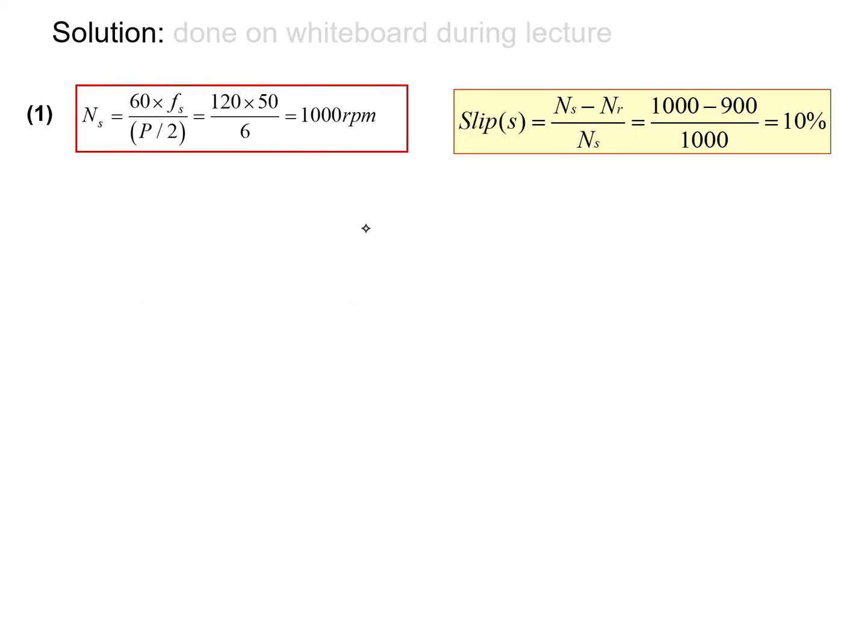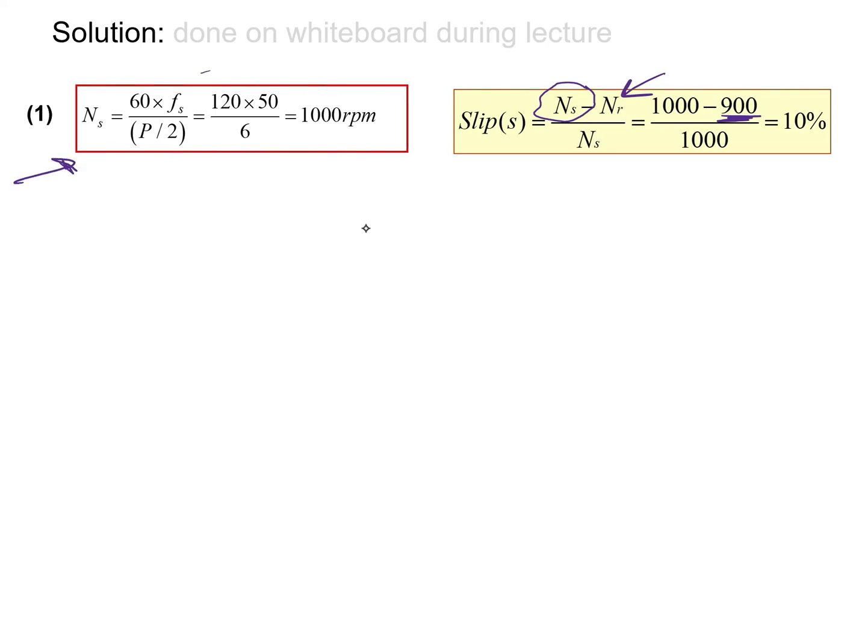Okay, so the first parameter we need to calculate is the slip. Remember that in order to calculate the slip, you need to know the synchronous speed. We already have the speed of the rotor, which is given, that is 900, but we do not have the value of the synchronous speed. To calculate the synchronous speed, we need to get back to its formula that we have looked at in the previous lecture.